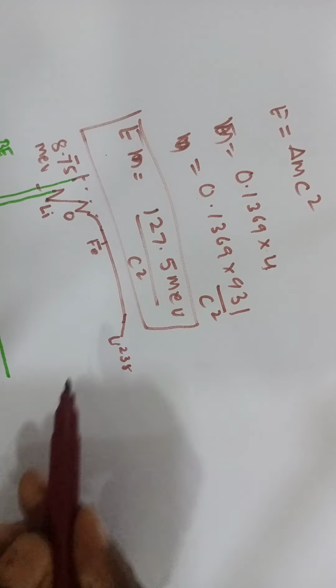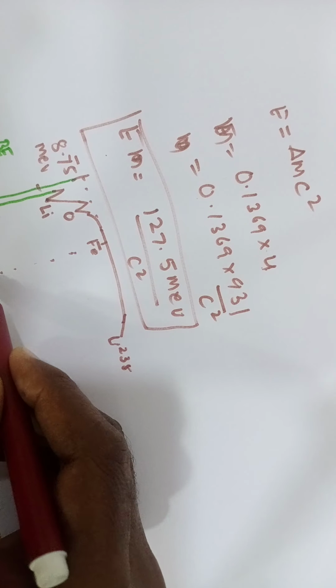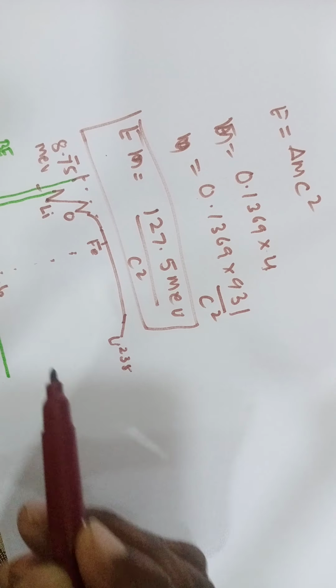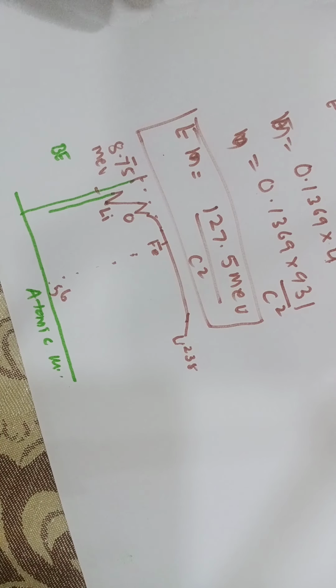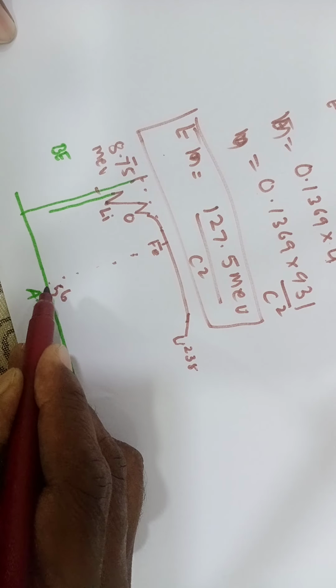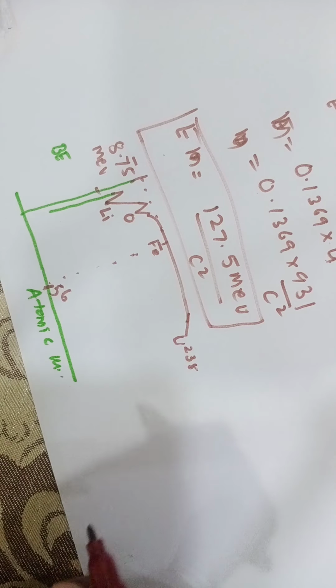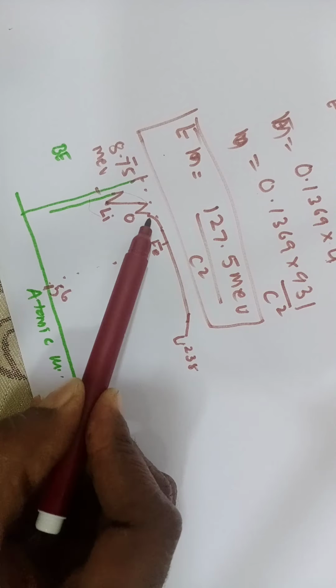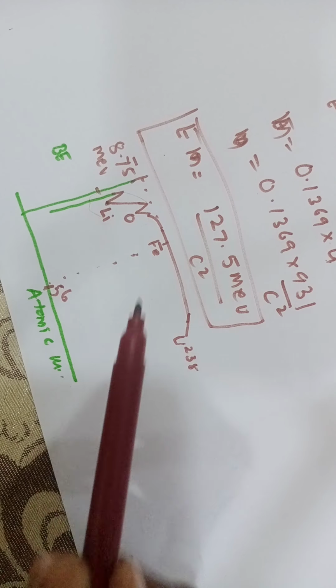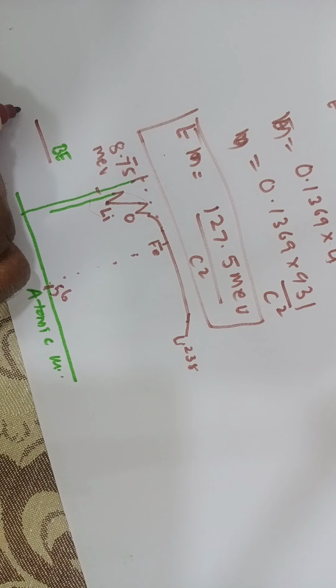Iron's atomic mass is 56, so iron 56 is here, and iron is the most stable element, and these other elements are not stable. This is binding energy per nucleon.